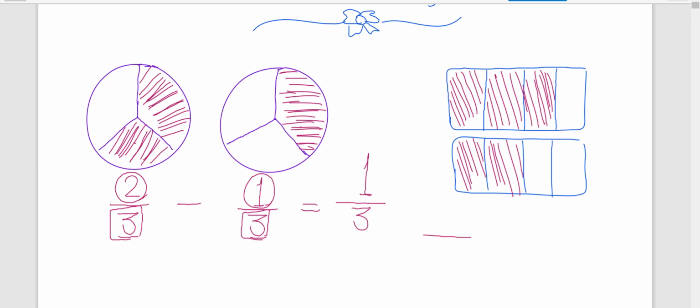First fraction 3/4 and second model 2/4.